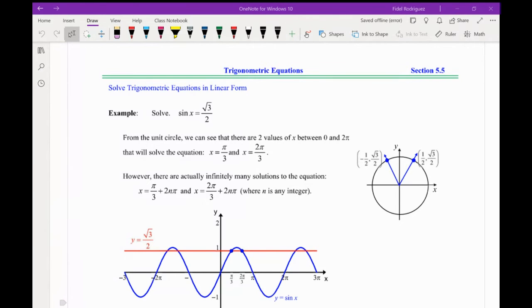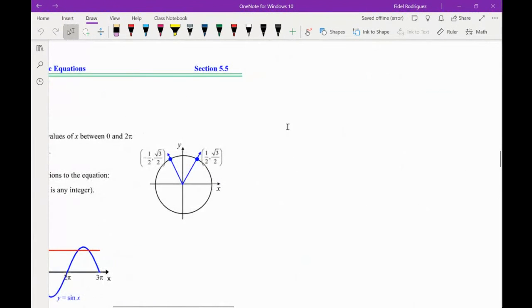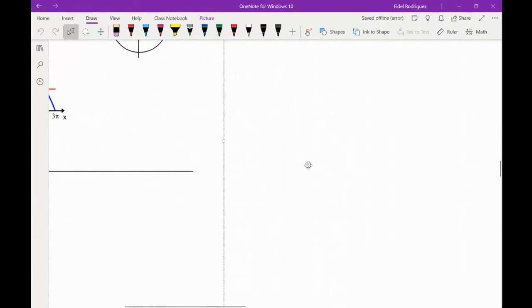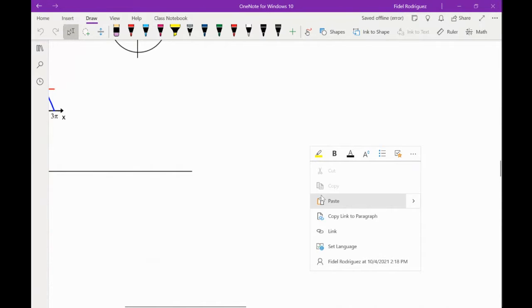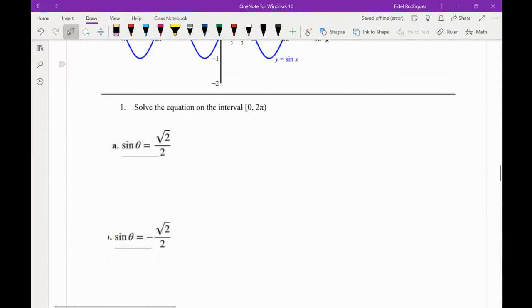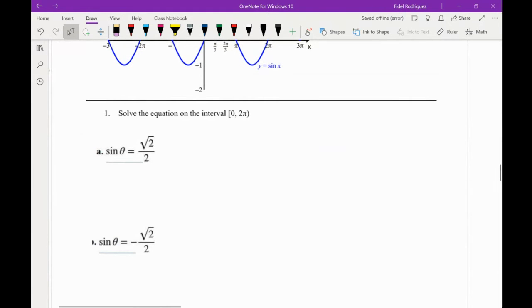Let me copy this, and let me paste this over here in the notes. But then it's going to come in really helpful. All right. So yeah, I'm just pulling from the trig identity page.